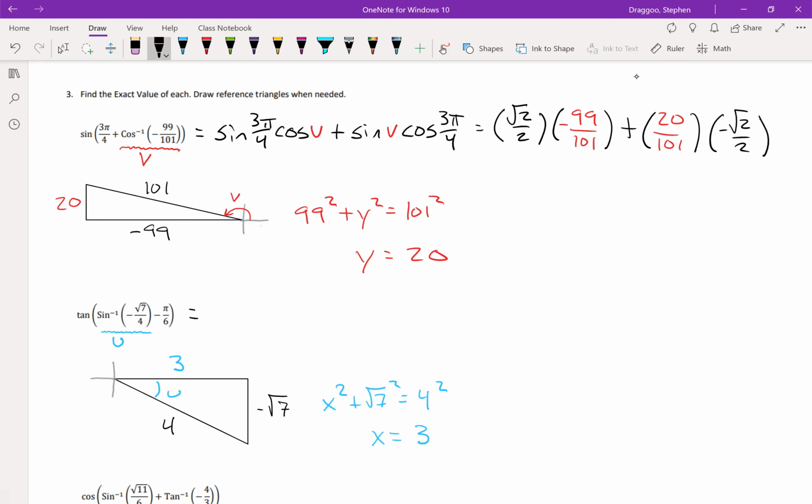So, using one of our tangent formulas, this ought to be the tangent of u minus the tangent of pi over 6 divided by 1 plus tangent u times the tangent of pi over 6.